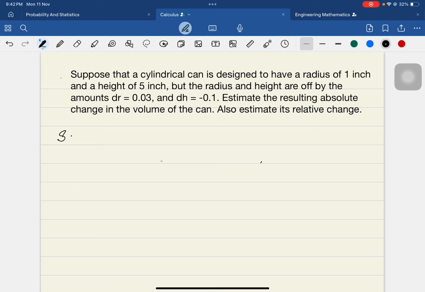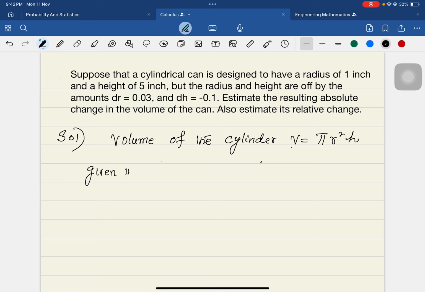So what are given first, and then first write down what is the volume of the cylinder. The volume of the cylinder is given by V is equal to pi r square into h. So now V is a function of two variables r and h. What are given now?